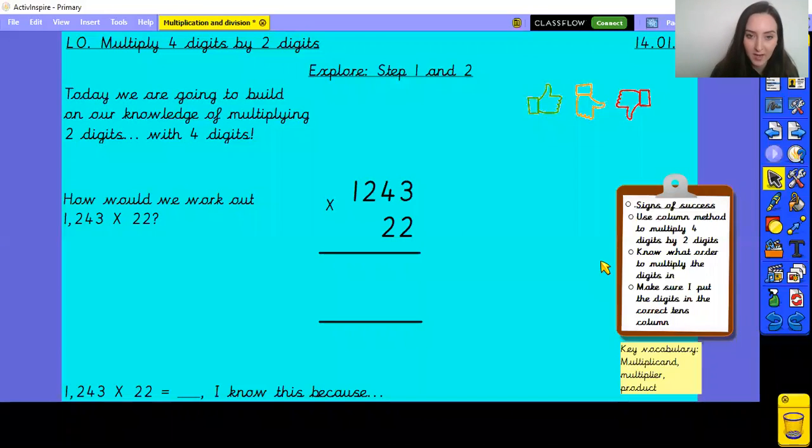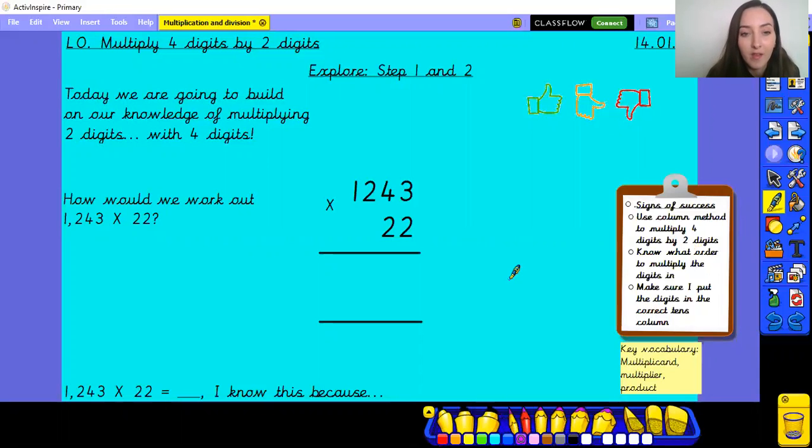Okay, so we use the same method as we have been in previous lessons, except this time there's one more digit to multiply. I'm just going to go through how we'd find the answer to this multiplication. So as always, we start in the ones column. I'm going to multiply 2 by 3, which is 6, and my 6 goes here in my ones column.